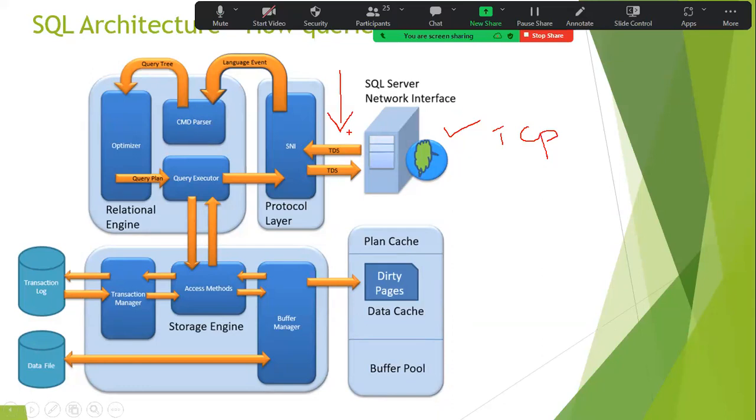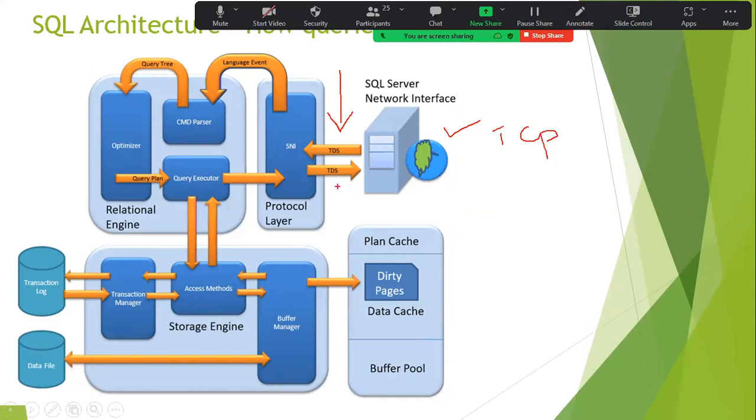I was saying earlier, every application should have its own language to understand. So the network also should understand whatever we are sending. That understandable language is the network packets, your TDS, tabular data stream. Whatever data we are sending from the source to the destination will be wrapped into one or multiple network packets and sent to the SQL Server through the network.